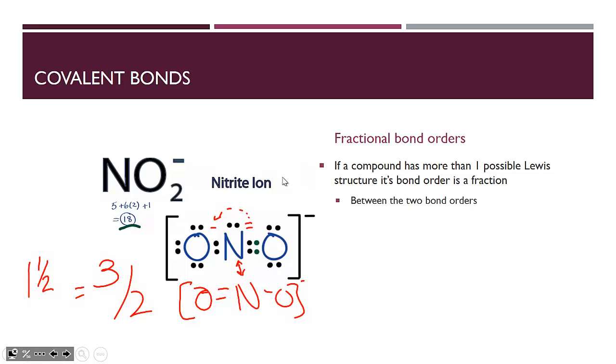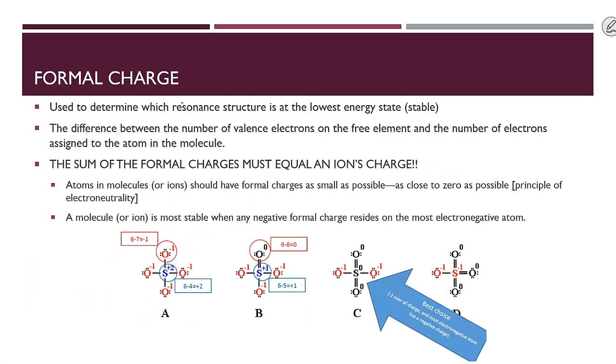So anytime you come up with a fractional bond order, that means there's more than one possible Lewis structure. Resonance structures are separated by a double arrow to say that these options all exist simultaneously. Now, in order to determine which option is at its lowest energy state, we look at formal charges. Overall, the charge of a molecule has to be the sum of the formal charges.